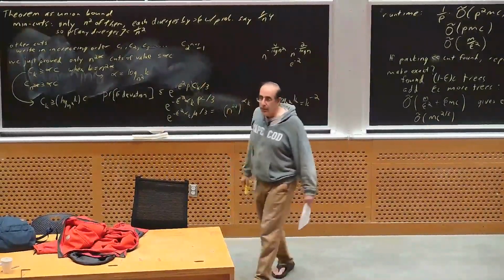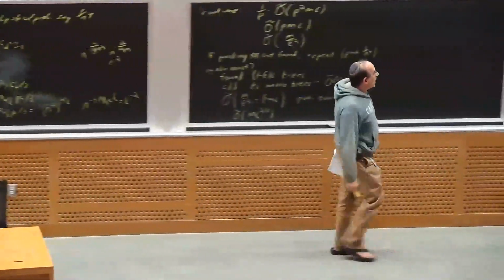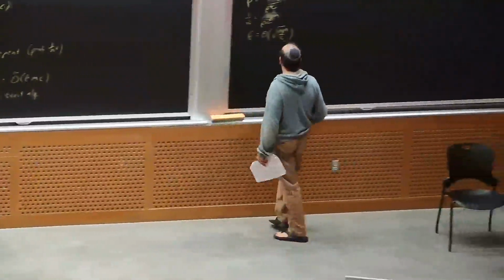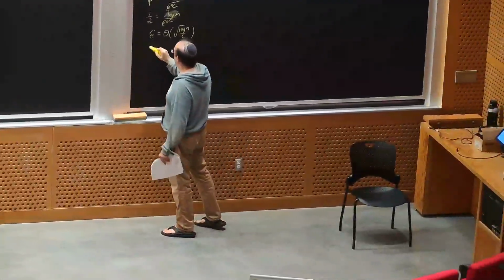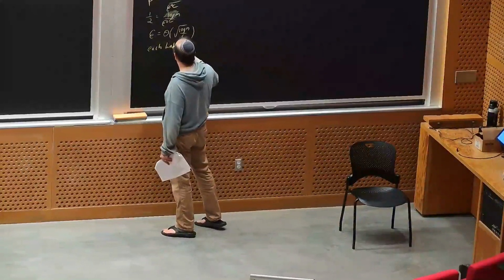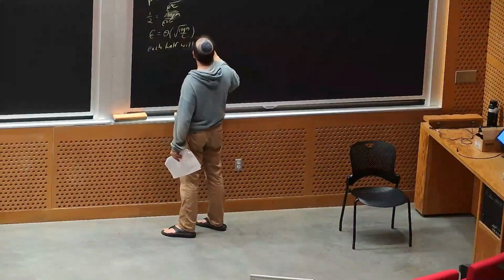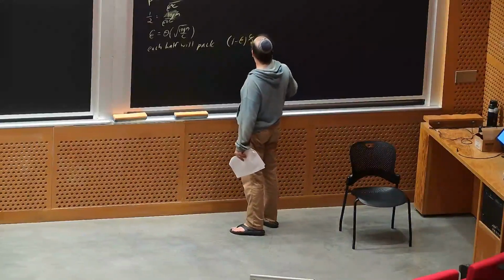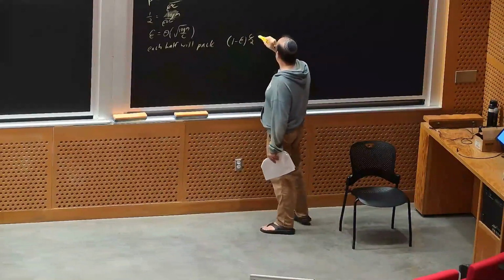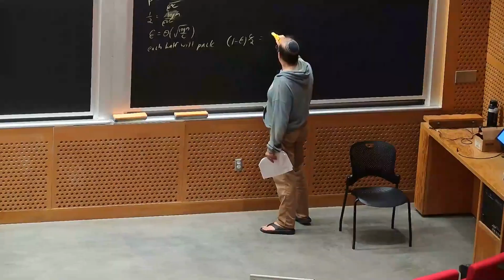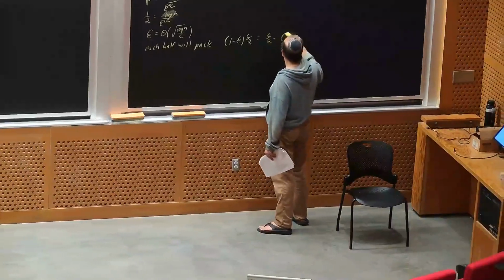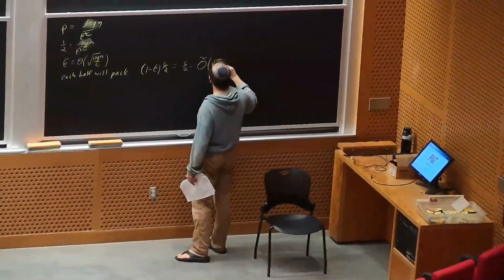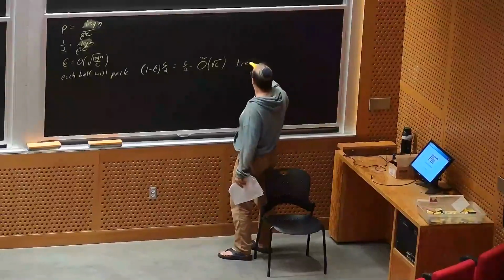So we're going to have an epsilon of roughly 1 over root C, which means that each half will pack 1 minus epsilon times C over 2, which is equal to C over 2 minus roughly root C trees.